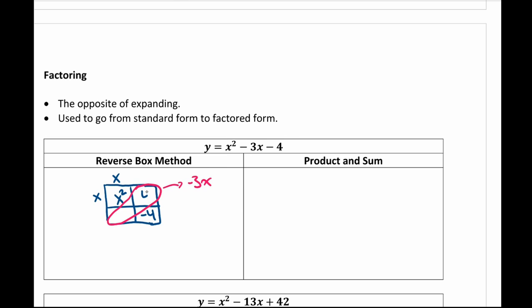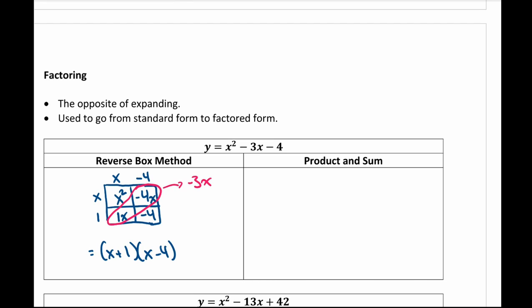And in this case, it's -4 and +1. So that means that outside my bracket, this spot would have to be -4, this would have to be 1. And we do see that x minus 4 times x plus 1 does give us the right information. So now I know what each bracket is, x plus 1, x minus 4.